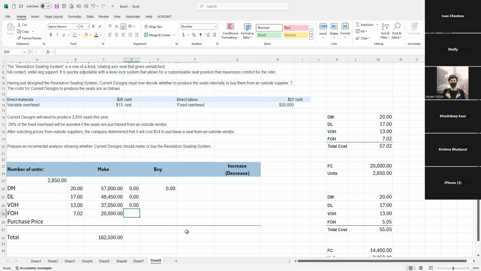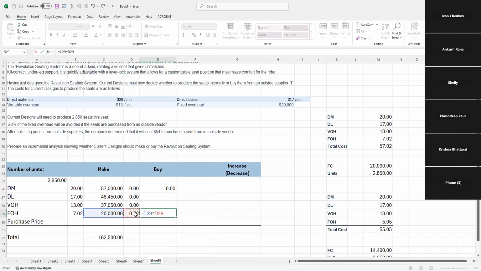72% is going to stay with me. Make sense? Yeah. So how much will that be? 14,400 stays with me. And on top of that, I have to buy it, right? How much am I paying? $54 per unit.